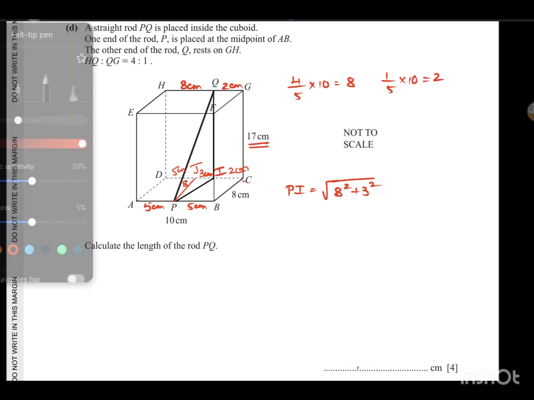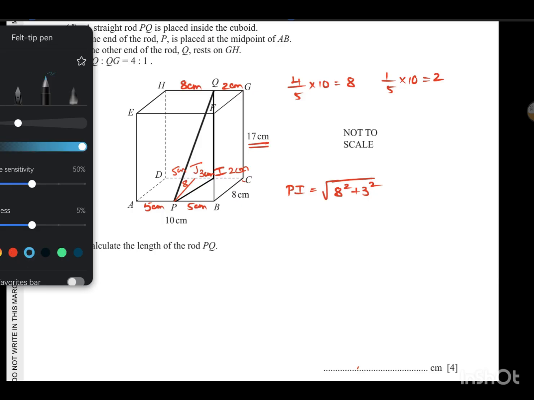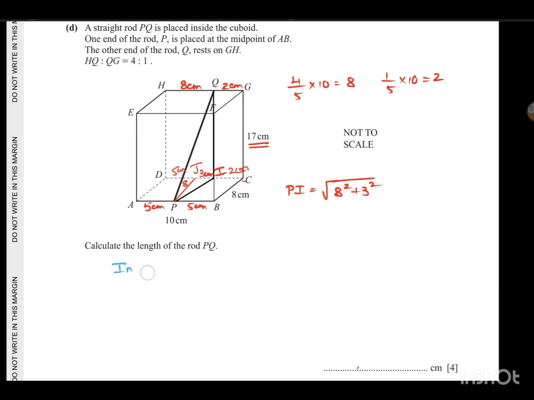So let me write the steps here. In triangle PJI, PI is equal to square root of 8 square plus 3 square centimeters. Don't solve it because anyway we have to solve it at the end.